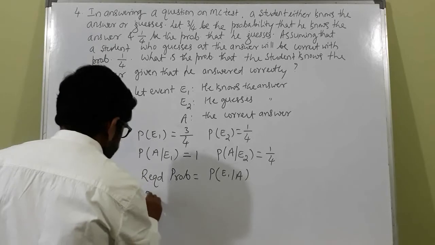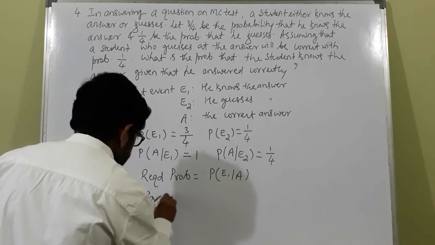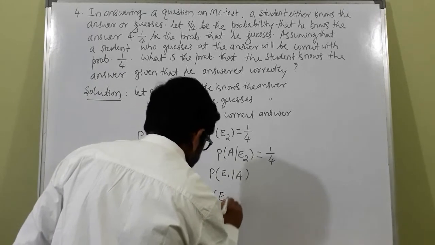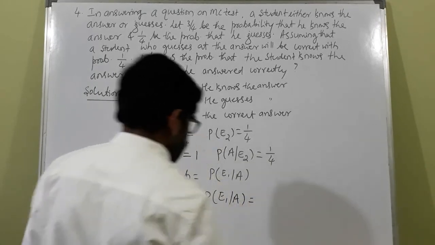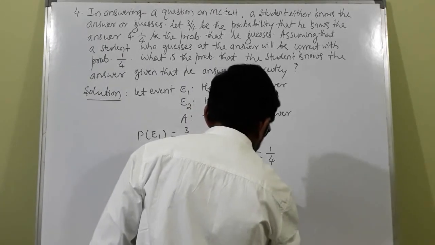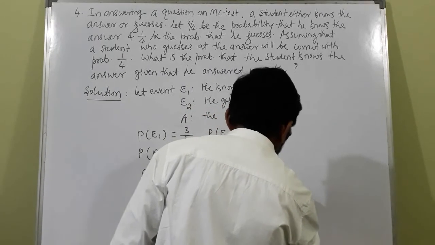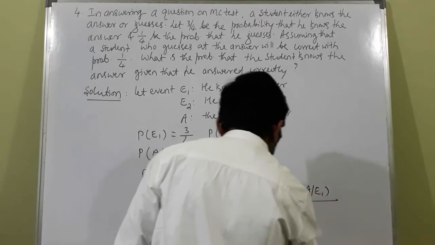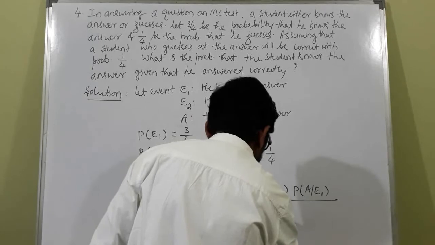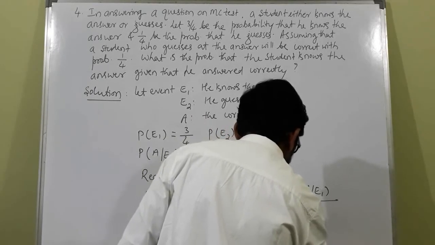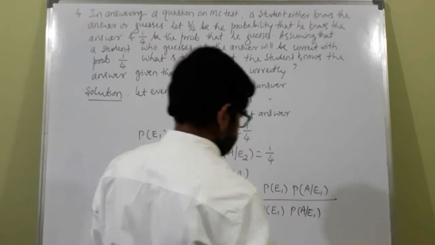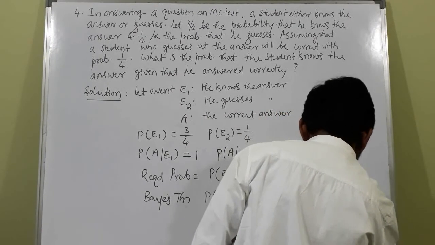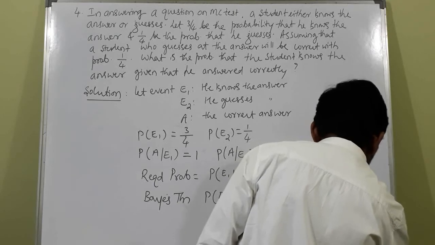So, Bayes' theorem: probability of E1 given A is equal to probability of E1 into probability of A given E1, divided by probability of E1 into probability of A given E1 plus probability of E2 into probability of A given E2.